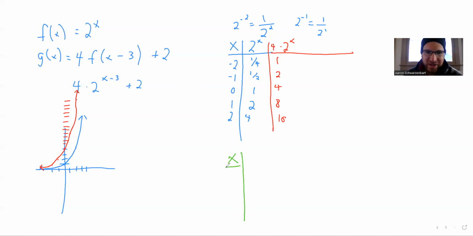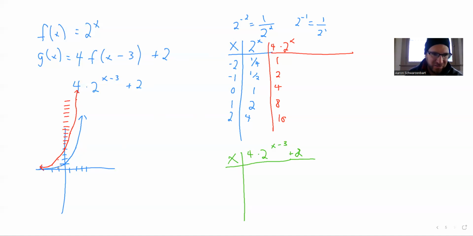Now when I do my translations here, I have to shift my x and y coordinates. So I know that this undergoes a shift to the right 3. Again, opposite the sign, so I'm going to the right. So I take my x value and I shift it to the right 3.